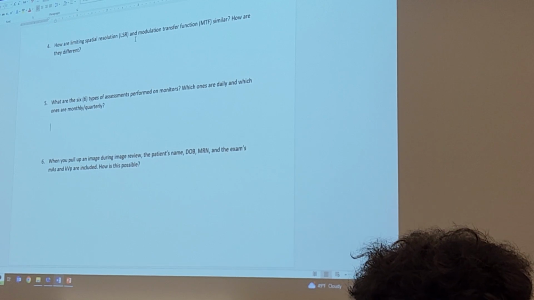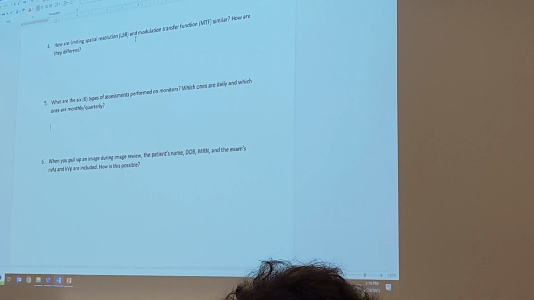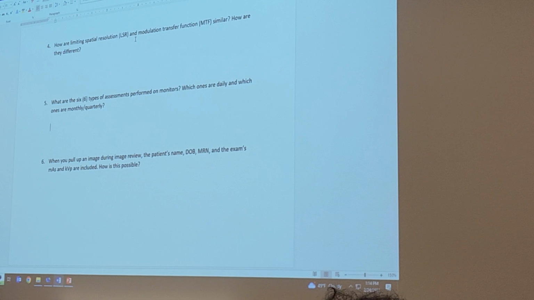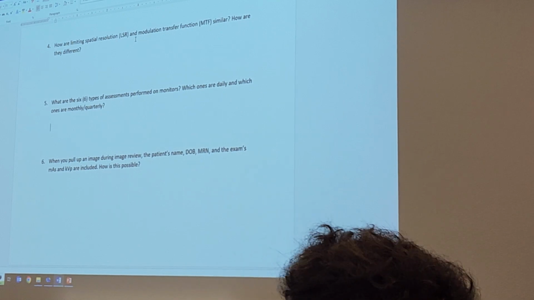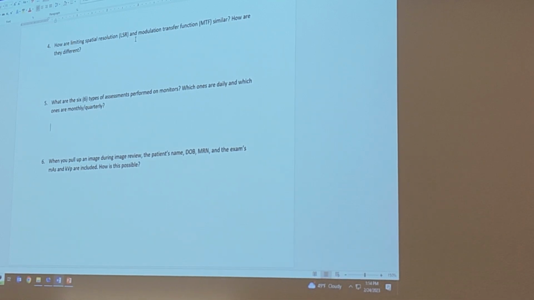DICOM is a standardized language developed in 1983 for different systems to communicate. And so, what do we call this section that we store this extra information in? The header. Very good. The DICOM header.